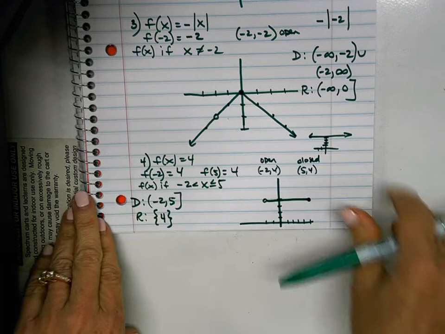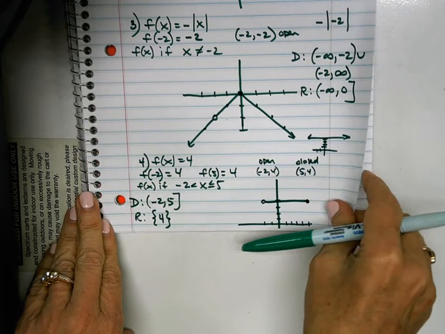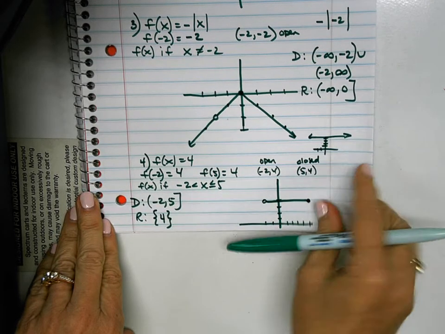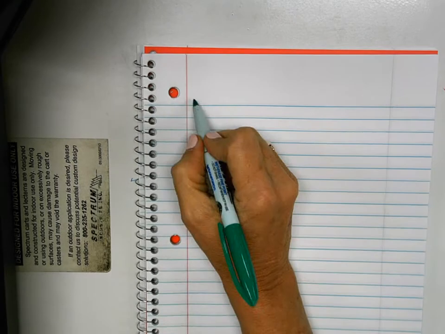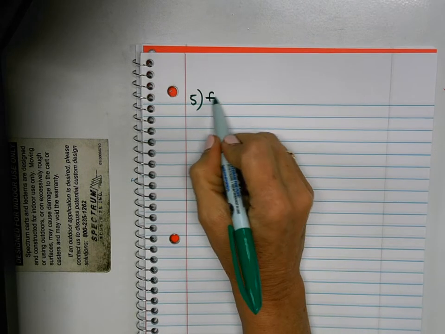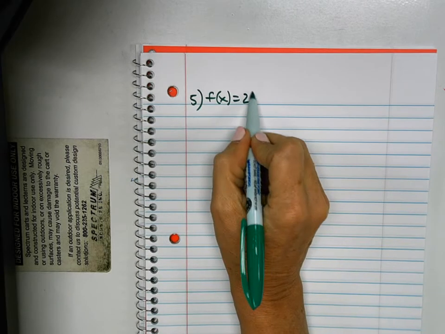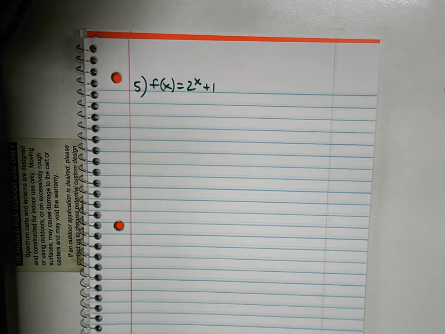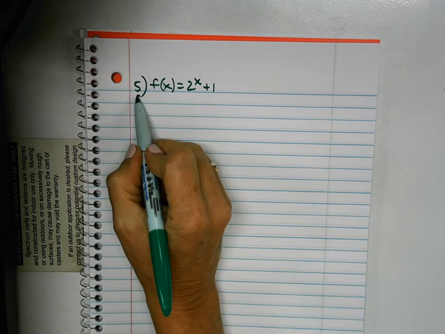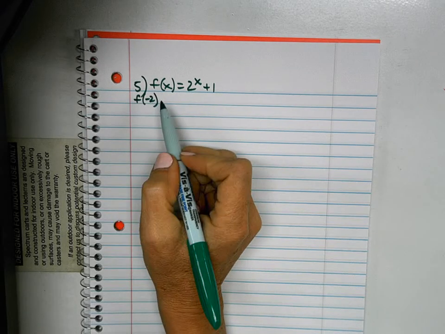All right, let's try another one of these. Okay, let's try this one. f of x equals 2 to the x plus 1, where the plus 1 is not up there with the x. I want you to find f of negative 2, and I want you to find f of 3.